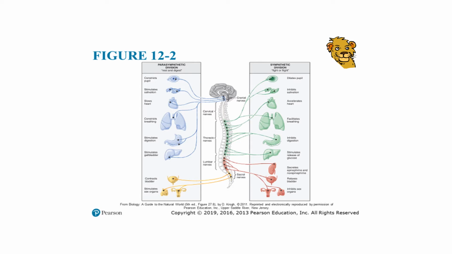It inhibits the stomach contractions, secretion of enzymes, basically shuts down the gastrointestinal tract. And the liver, it's going to activate gluconeogenesis, right? It's going to activate glycogen breakdown to glucose with the expectation of having to use this glucose as energy right away. Okay.